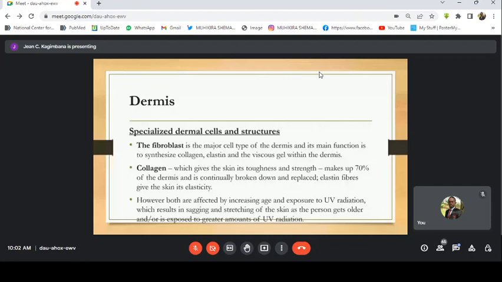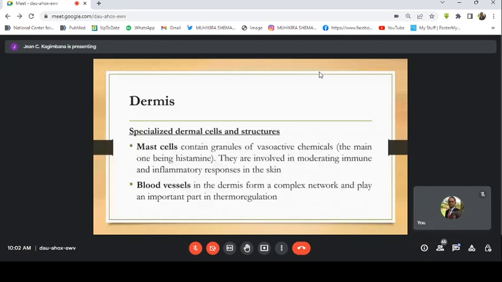Now, the mast cells again are seen in this structure. They play a role in allergic conditions because they contain histamine.